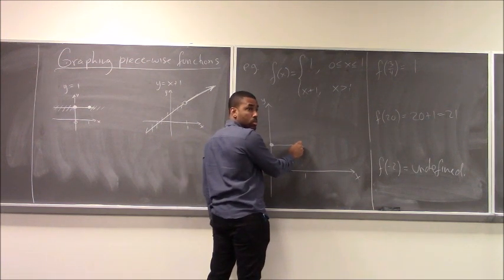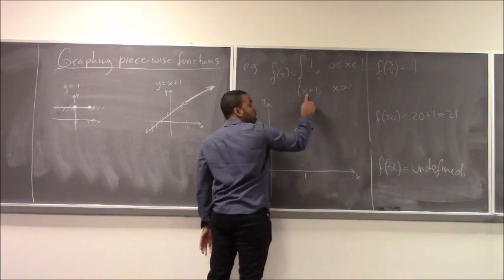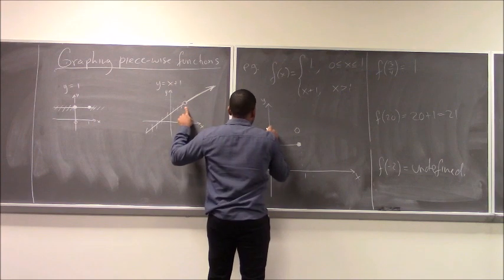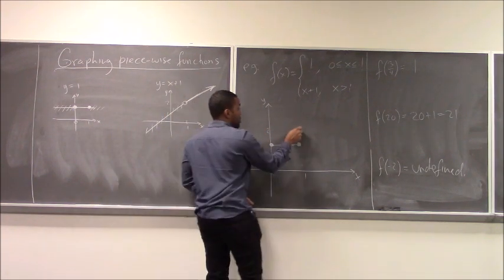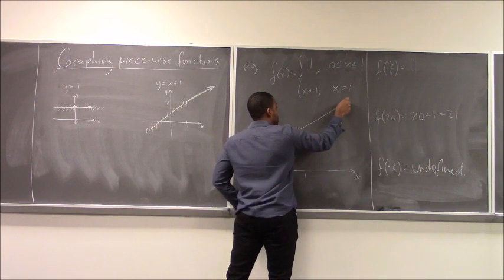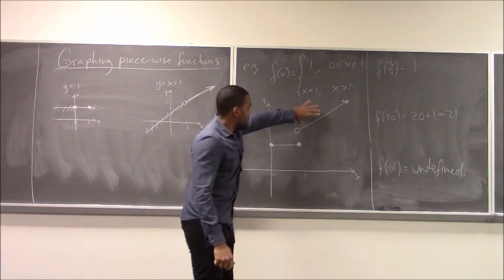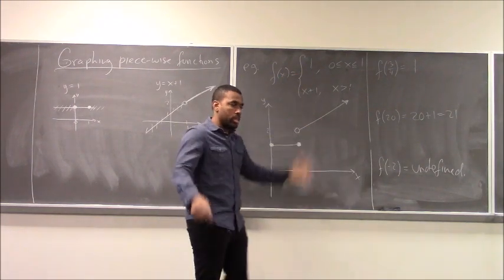One above, right? Notice that when my x is 1, plugging 1 here will give me 2. So this guy should start lining up at 2. So that is the picture of my piecewise function. The pieces can connect, but they don't have to. You just follow what the definition is telling you.